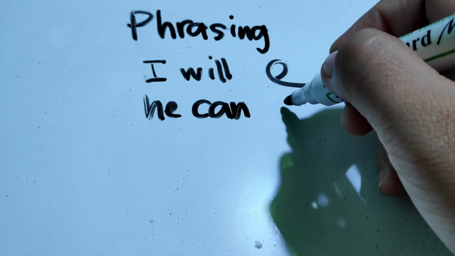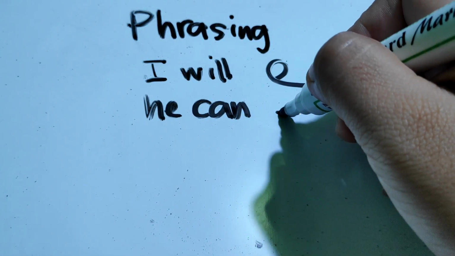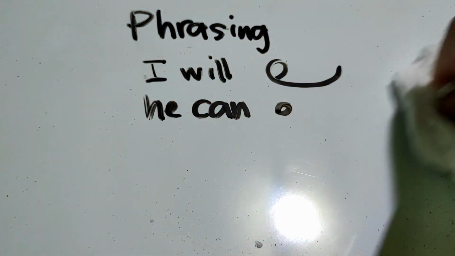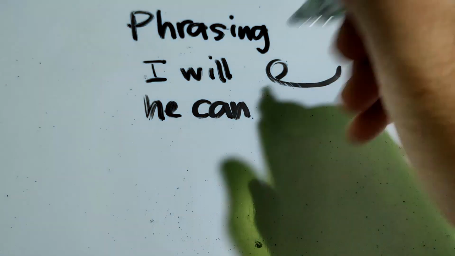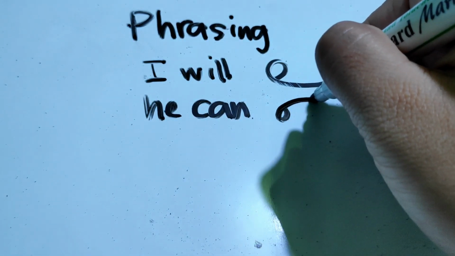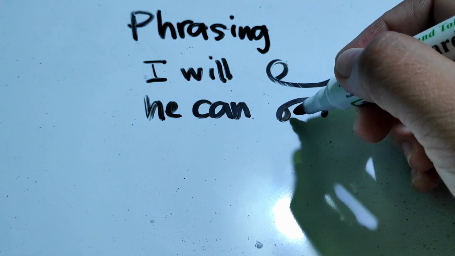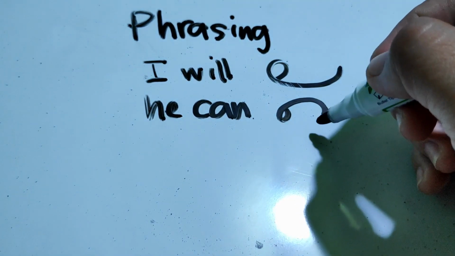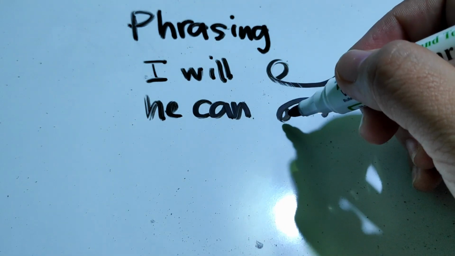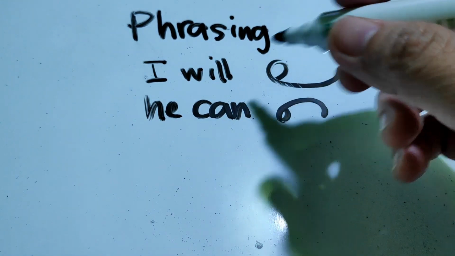So the he can is represented by the stroke on the letter E and the letter K. So, muna siyang he can. This is read as he can.